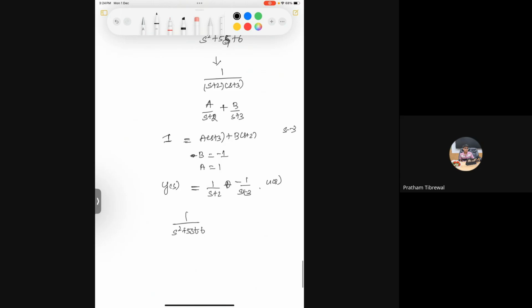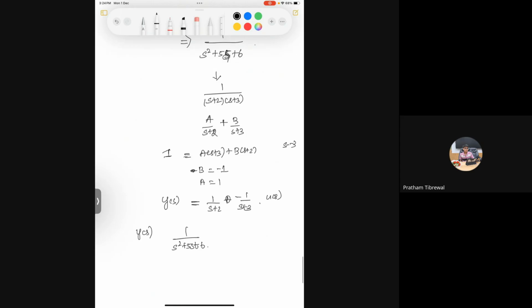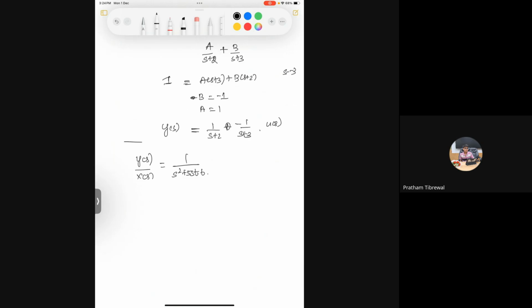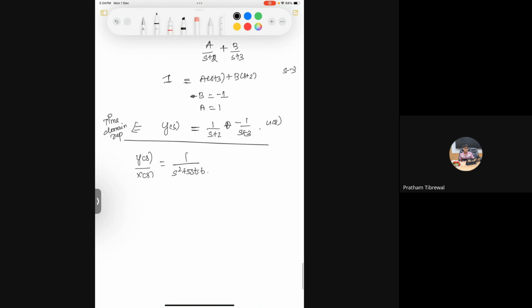It will be like this. So if I give a transfer function like this, what I will do from here is find it in terms of a time domain representation. Now, if I want to do it in terms of a state space representation, I will just multiply this over: s square plus 5s plus 6 equal to X of s. Then I will do s square Y of s plus 5s Y of s plus 6 Y of s equal to X of s, since it is a transfer function, zero initial conditions, right?